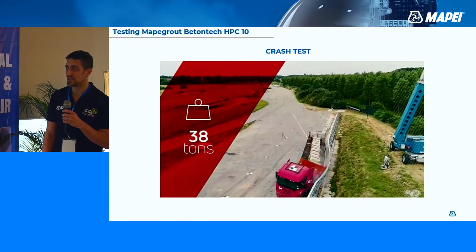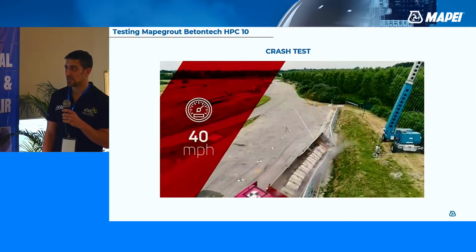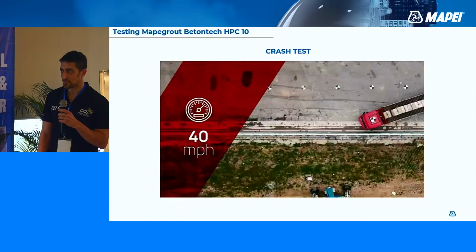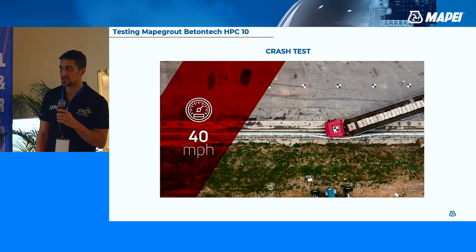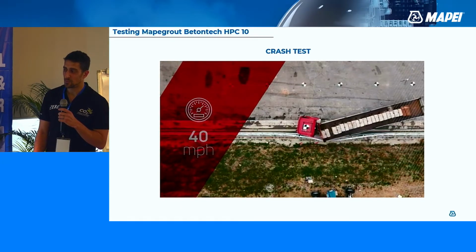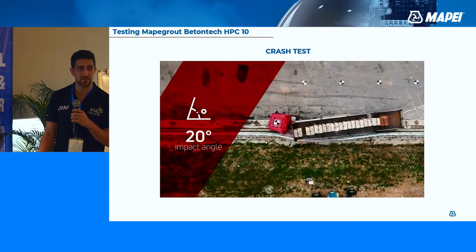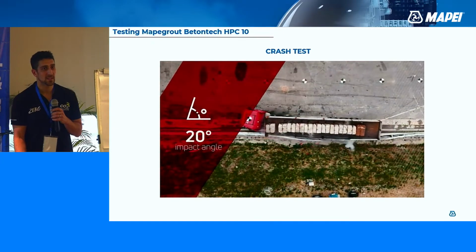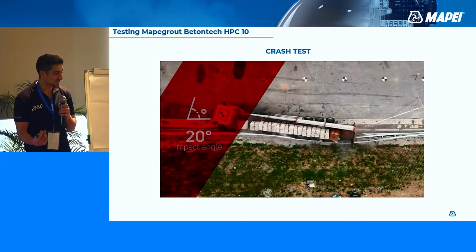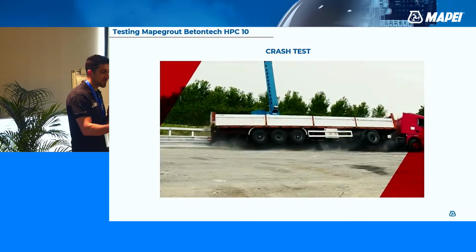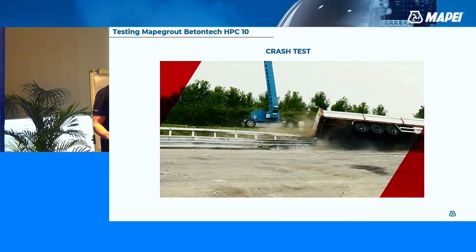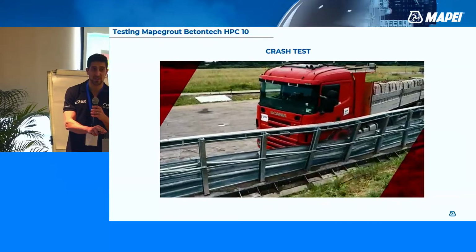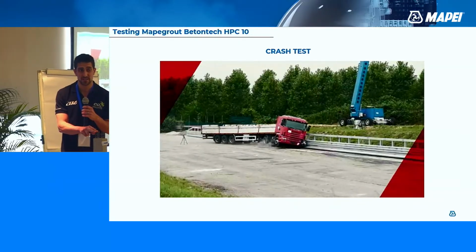It's a crash test that we made close to Milan. You can see the strength of the material to prevent the pull out of the barrier. This kind of materials, since they reach really high performance in terms of compression, means also that the porosity is really low inside.